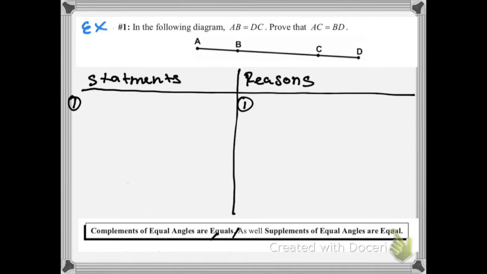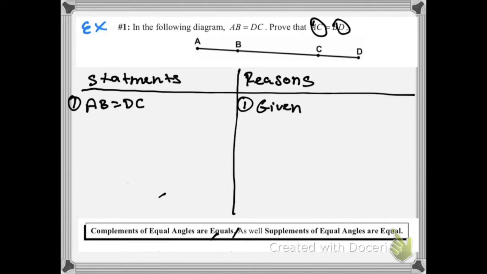All right, so right away, you should set up your T-chart in statements and reasons. You should all know what your first statement is and your reason, okay? So the first statement is your given, and the reason is actually given. So I want to prove something about AC and BD. I want to show that they're equal.